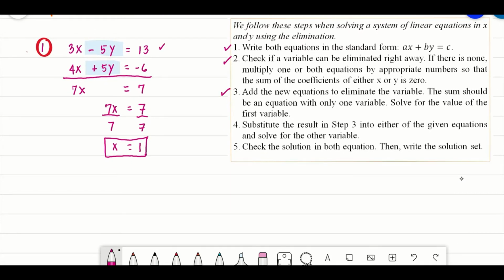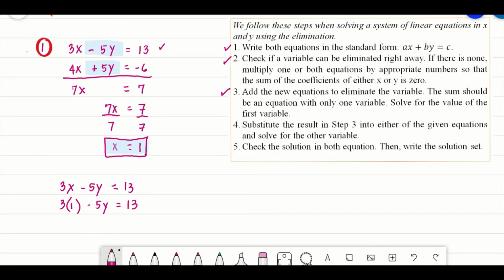Then substitute the value of x, which is x equals 1. So now we have 3 times 1 minus 5y equals 13.